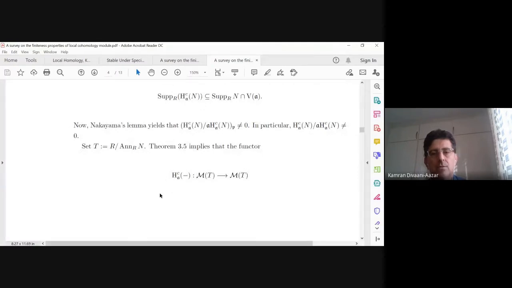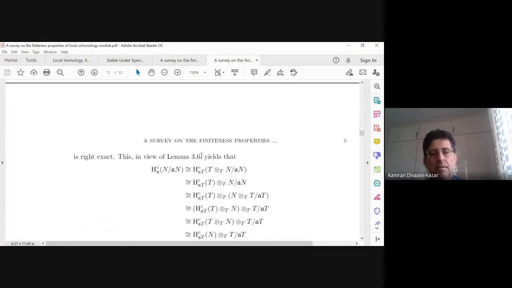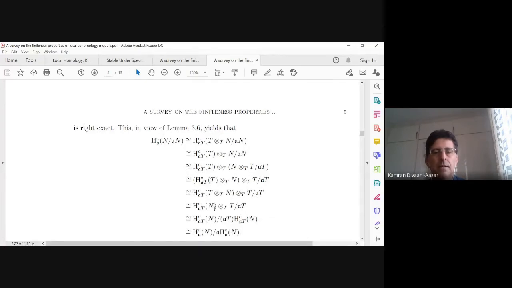Readily one can use 3.5 to see that it is a right exact functor. So using Lemma 3.6, we can have the following display of isomorphisms.